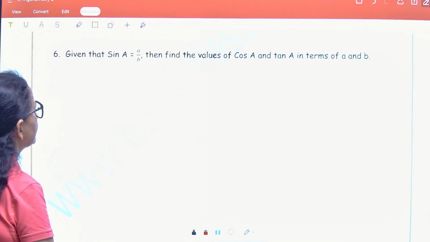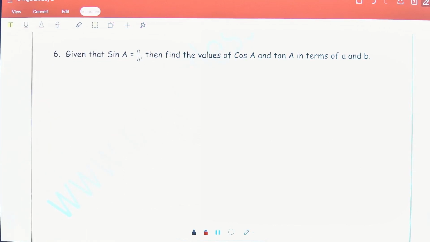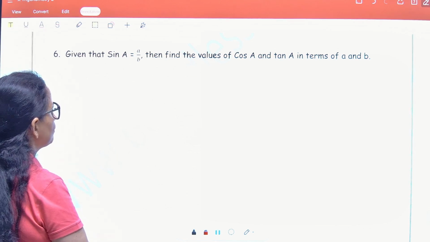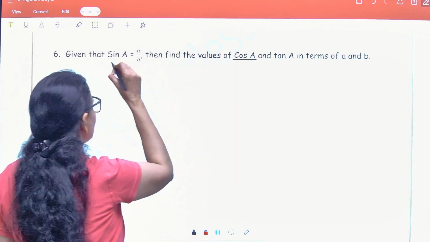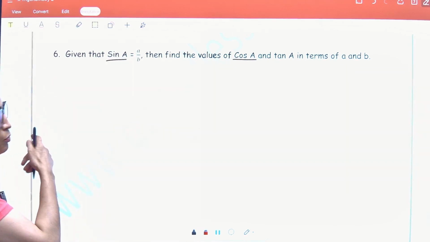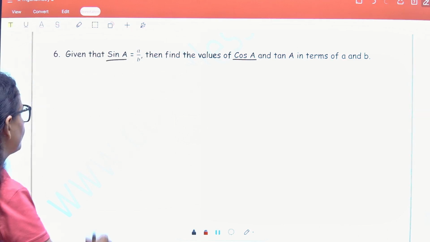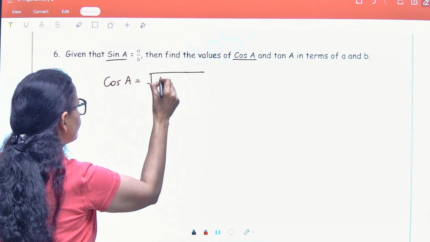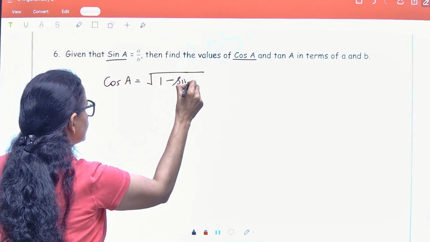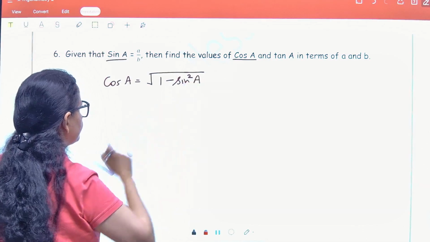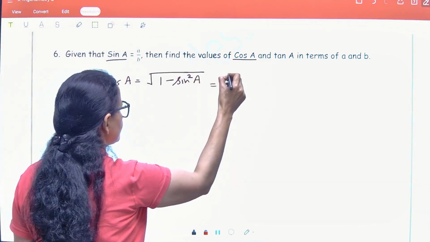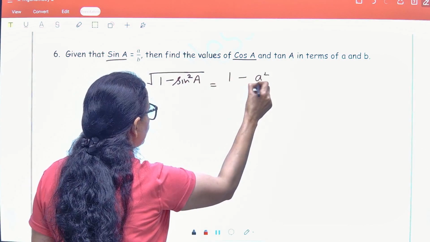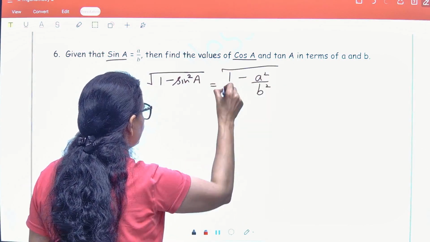Given that sin A is a upon b, then find the values of cos A and tan A in terms of a and b. Now again we start with the trigonometric identity for cos A and sin A, because sin A is given to you and we need to find out cos A. So cos A is square root of 1 minus sin square A. So that means this is 1 minus a square upon b square and square root of this.